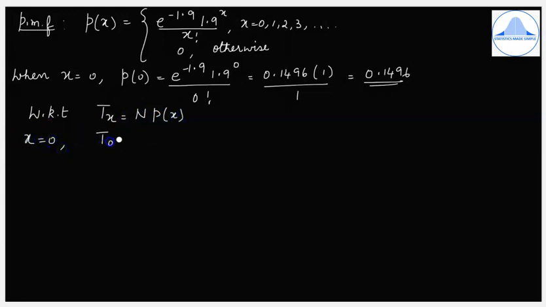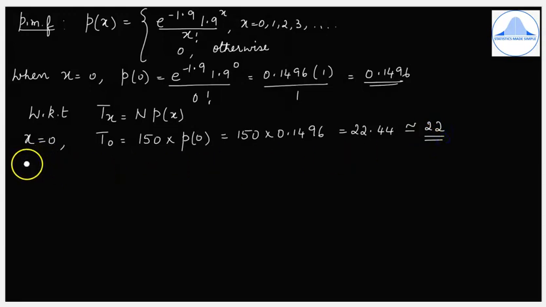So you'll get T0 is equal to capital N, we have already calculated, it is 150, into P of 0, which is equal to 150 into 0.1496, which is equal to 22.44. Now because Tx stands for the expected frequencies or the theoretical frequencies, you have to approximate it to a whole number. So T0 is equal to 22.